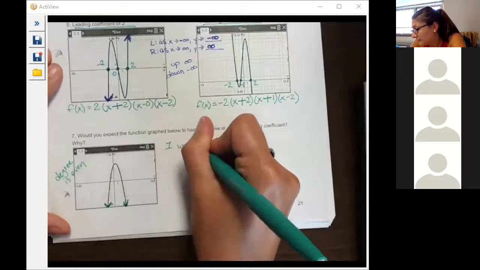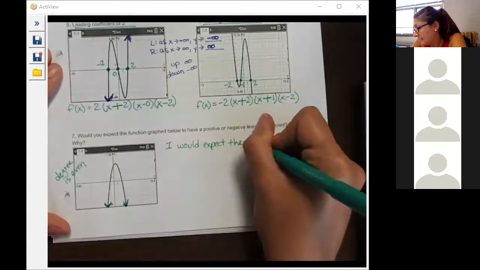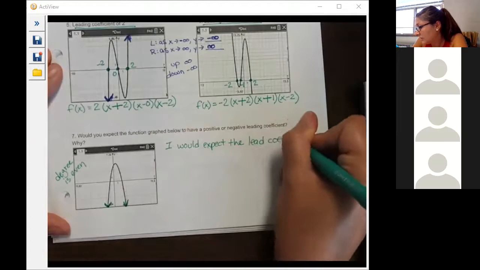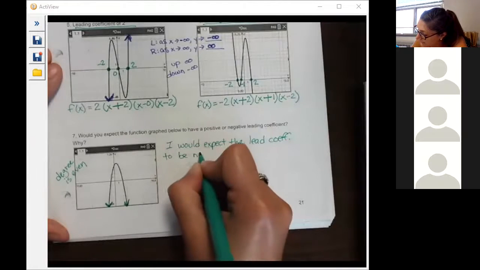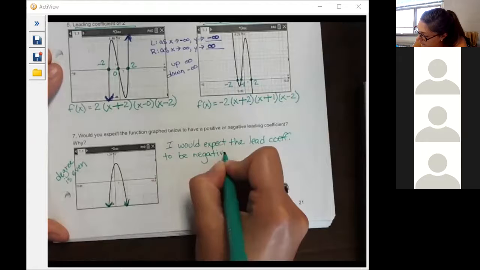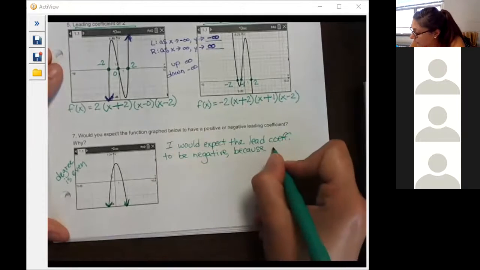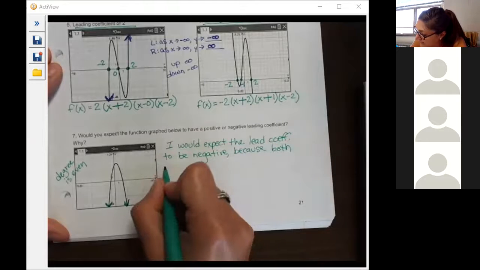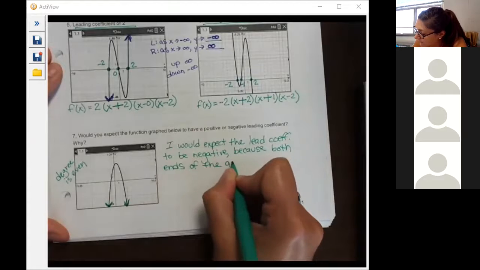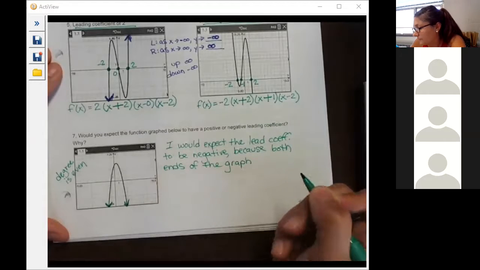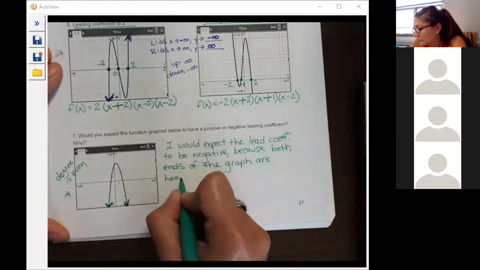I would expect the lead coefficient, I'm going to abbreviate that word, to be negative because both ends of the graph are, we'll say, heading down.